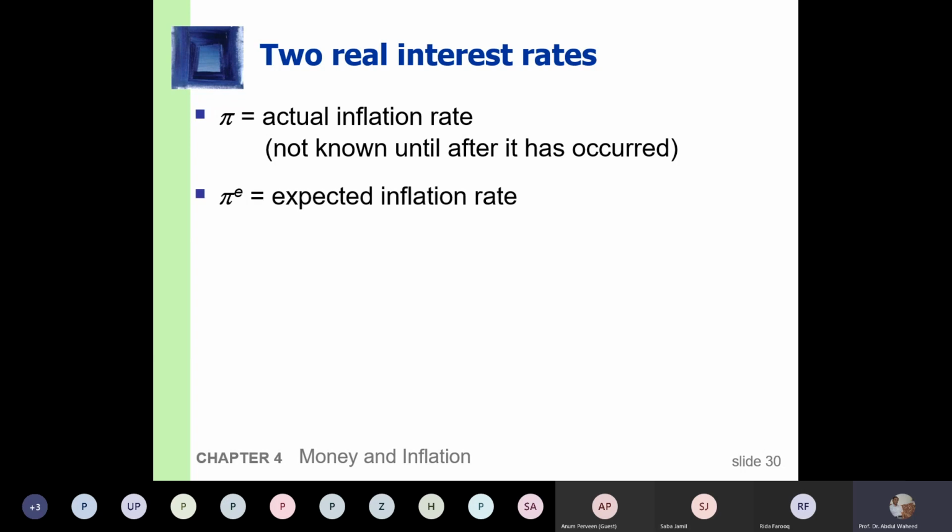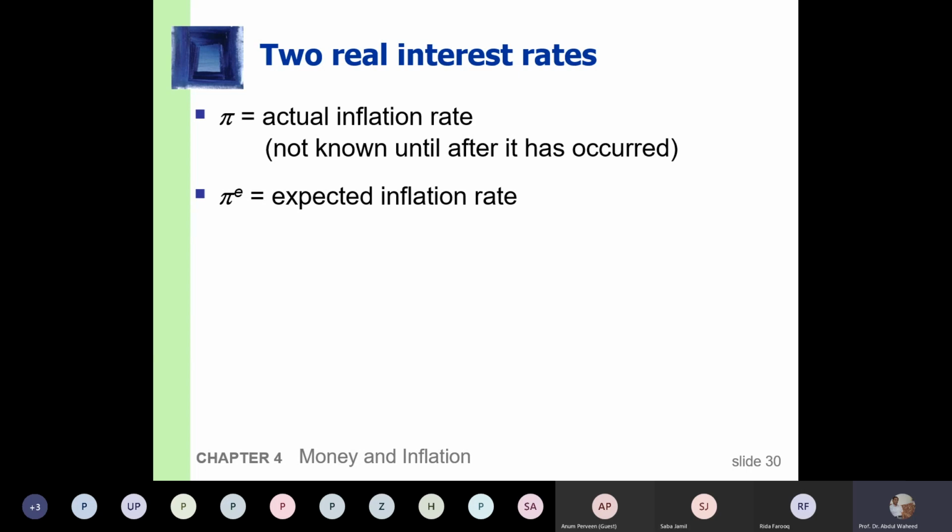If you don't know something, you will make expectations. So we have expected inflation and actual inflation. Suppose I am expecting that inflation between July 2020 and July 2021 would be 8%.